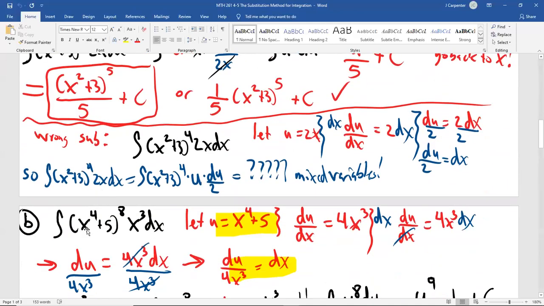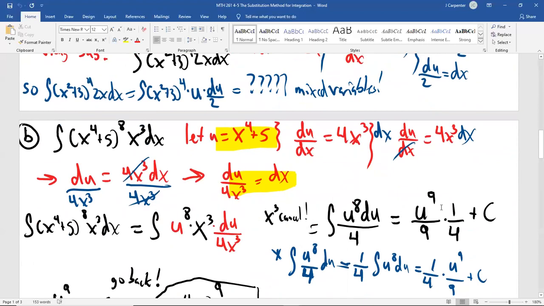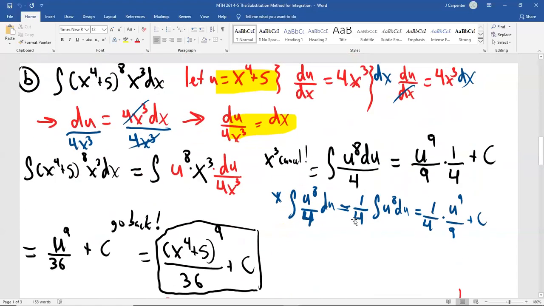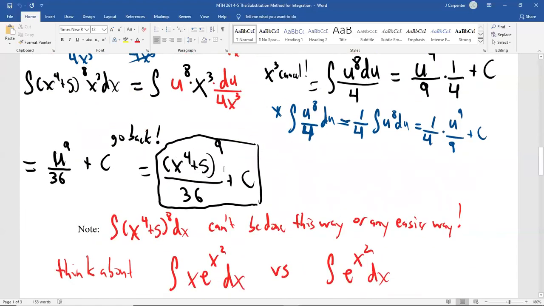And this ugly integral with an appropriate substitution turned into the integral of u to the 8th over 4. Oh no, over 4. That's terrible. Sarcasm. And then we just have to remember that after we integrate, we go back to our original variable.